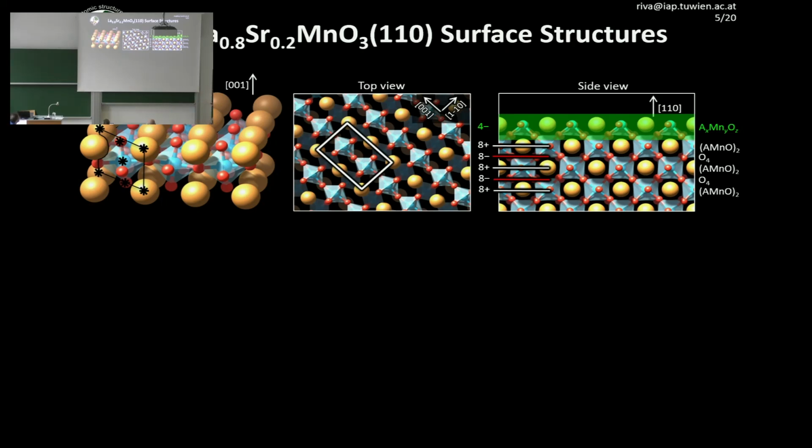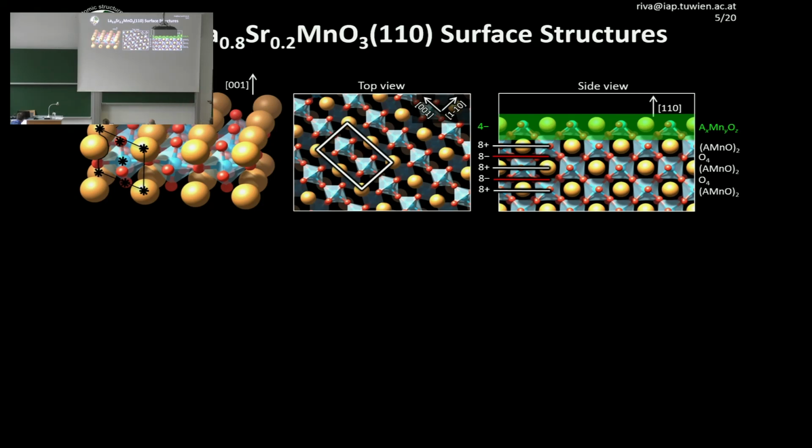And one tricky point with the 110 orientation is that it is polar. This means that if you look at the bulk, basically this is composed of layers with plus charge and minus charge alternately stacked. And this means this looks like stacking many parallel plate capacitors. So as you stack many of these parallel plate capacitors, you have energy associated with them, and if you stack a lot of them, the electrostatic contribution to the surface energy diverges.